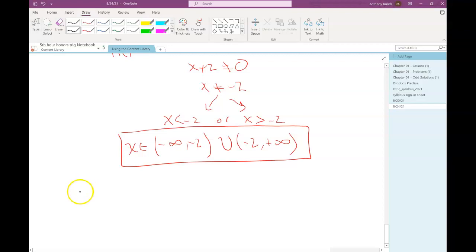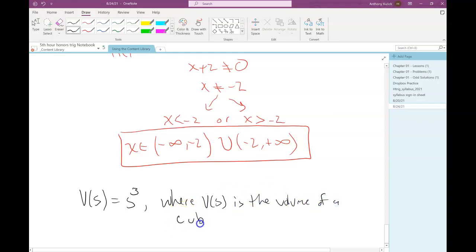All right. My last example of this is the function v of s is equal to s cubed, where v of s is the volume of a cube with side length, edge length s.